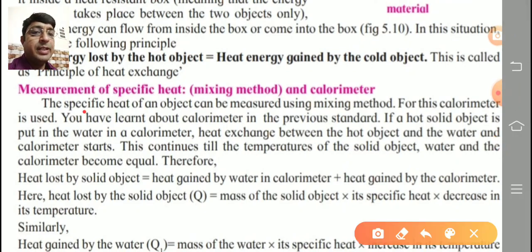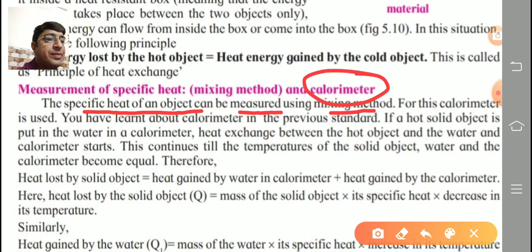Underline: specific heat of an object can be measured using the mixing method with the help of a calorimeter. For this purpose, a calorimeter is used. You have learned about the calorimeter in the previous standard, yes or no?